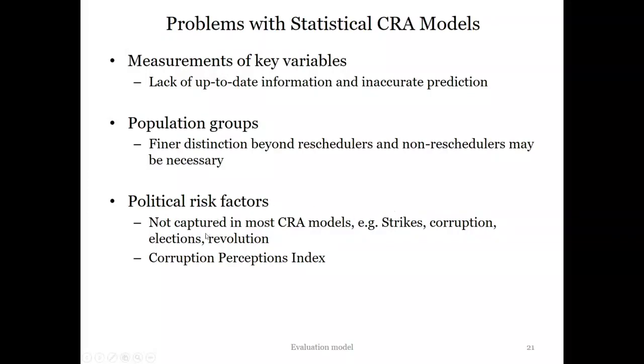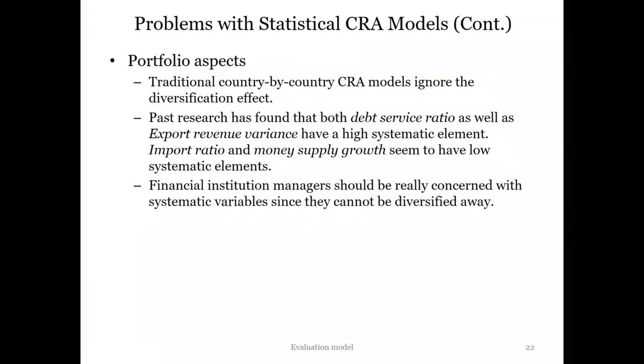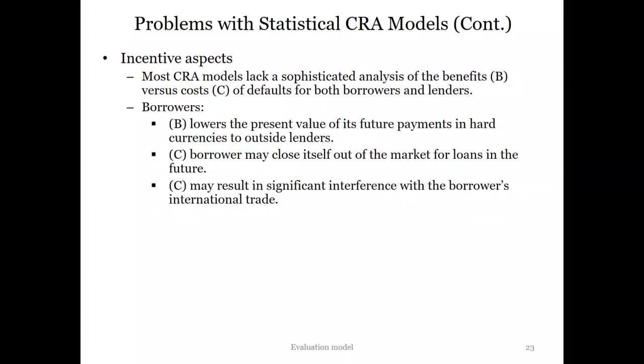And other things that we ignore in the model include political factors like strikes, corruption, elections, revolution, as well as the corruption index, right? So that's just a little bit about the problems with the model.